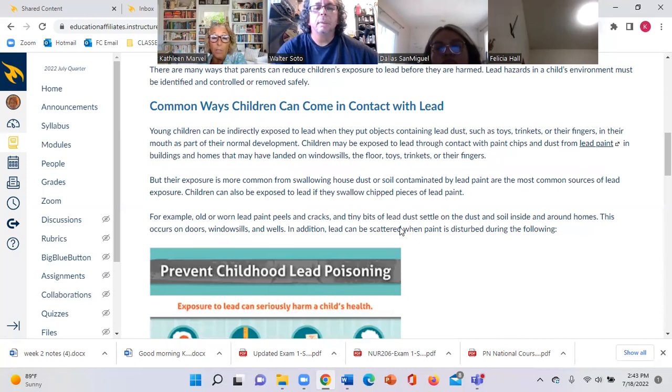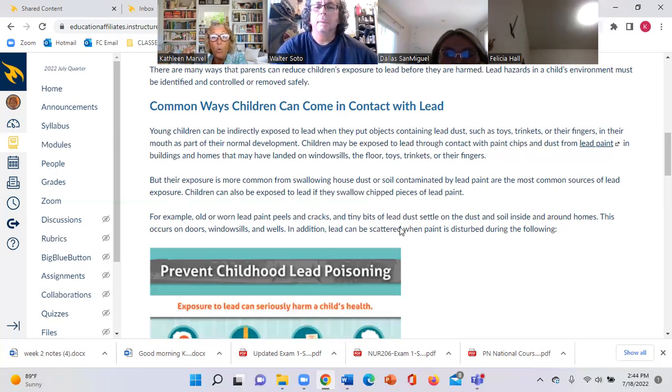The most common exposure is from swallowing house dust or soil contaminated by lead paint. Those are the most common sources of lead exposure. And obviously, if they swallow paint chips. So an example is old or worn lead paint that peels and cracks.